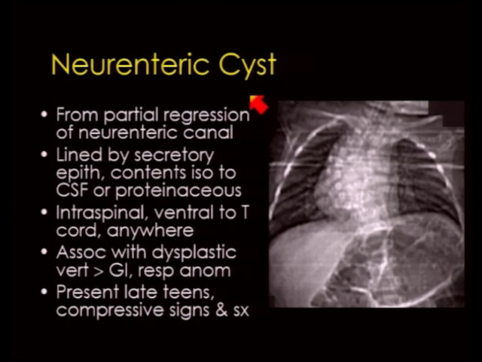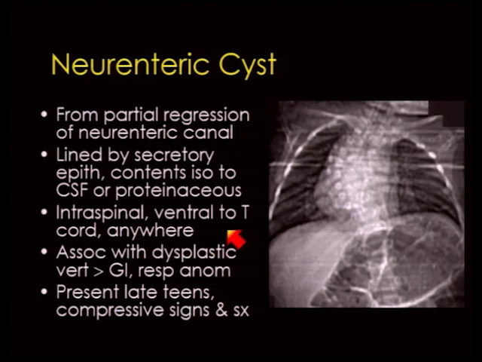So one of the more common things we see is the neuroenteric cyst, and this is a failure of that neuroenteric canal to completely regress. So you have partial persistence of that neuroenteric canal, and it's lined by secretory epithelium, and so it actually enlarges over time, the cystic components. And surprisingly, many of these kids don't present until they're teenagers, until the cyst becomes large enough to compress the spinal cord and give them compressive symptoms.